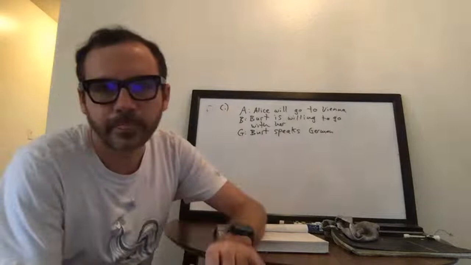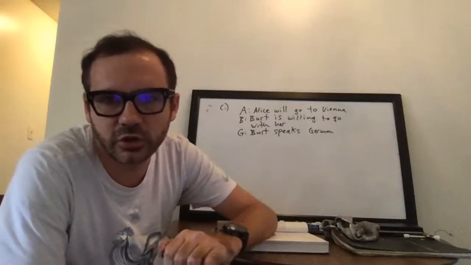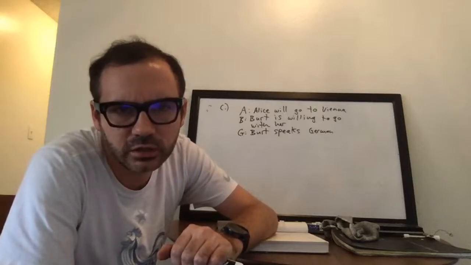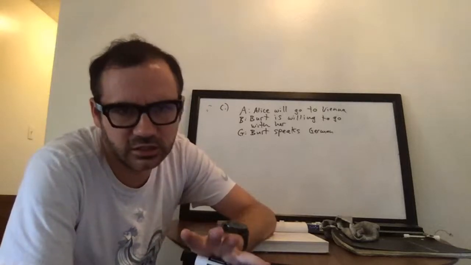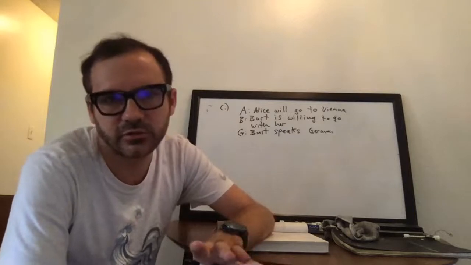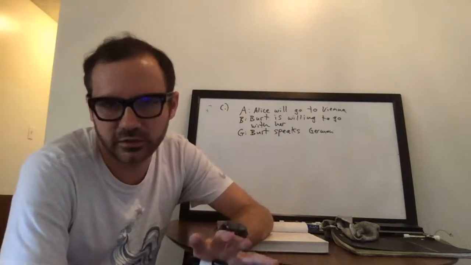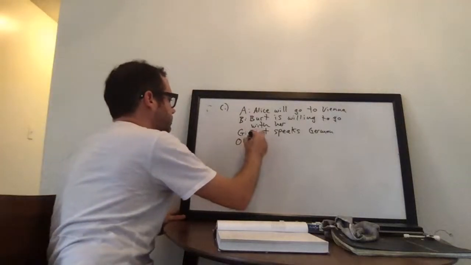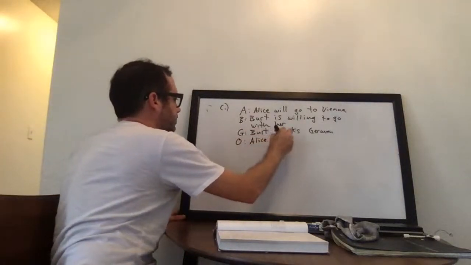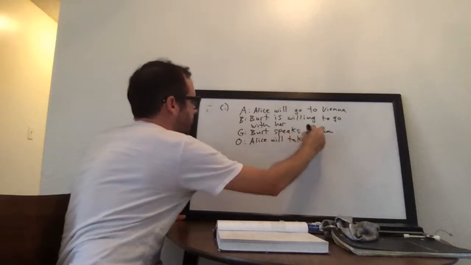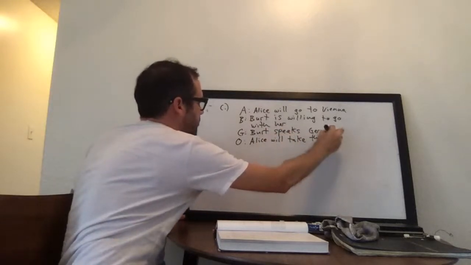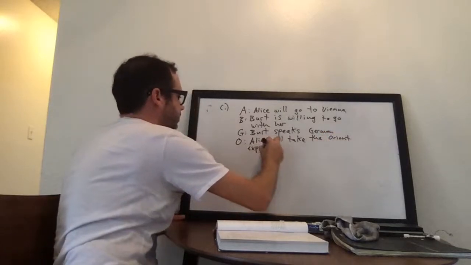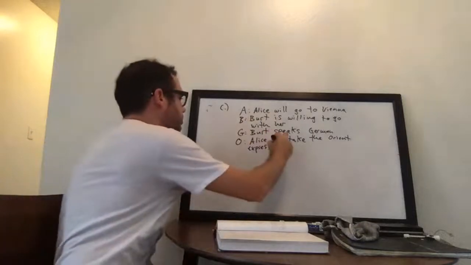All right, and Isaiah, you're giving us O for Vienna takes the Orient Express to Istanbul. Wait, no, Vienna's the city. Alice is the person, so Alice will take the Orient Express. Yeah, that's the letter O. Orient Express to Istanbul.